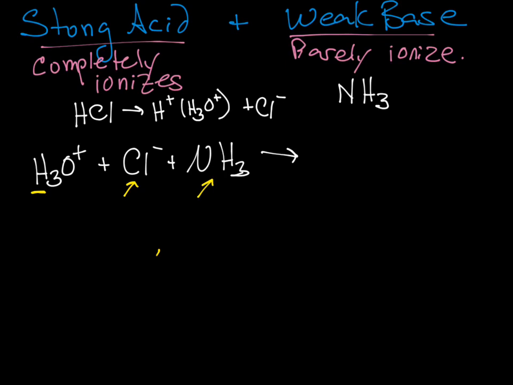Cl is a really, really weak conjugate base. It's basically going to do nothing. Okay, so what's going to happen is that the NH3 is going to accept the extra H. So we're going to end up with NH4 plus and water.